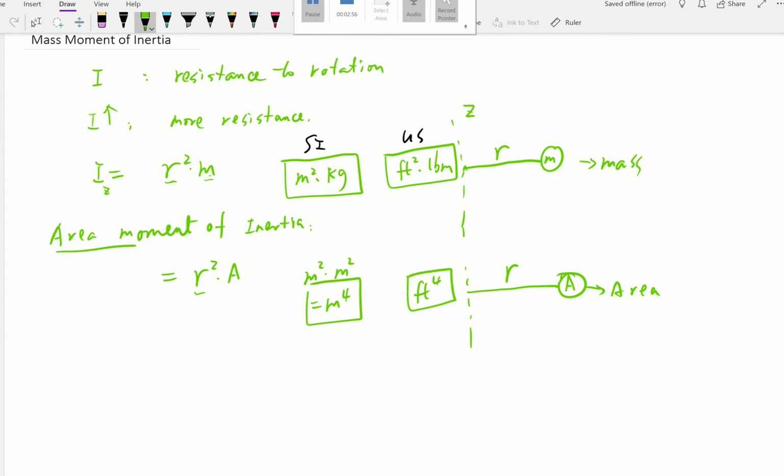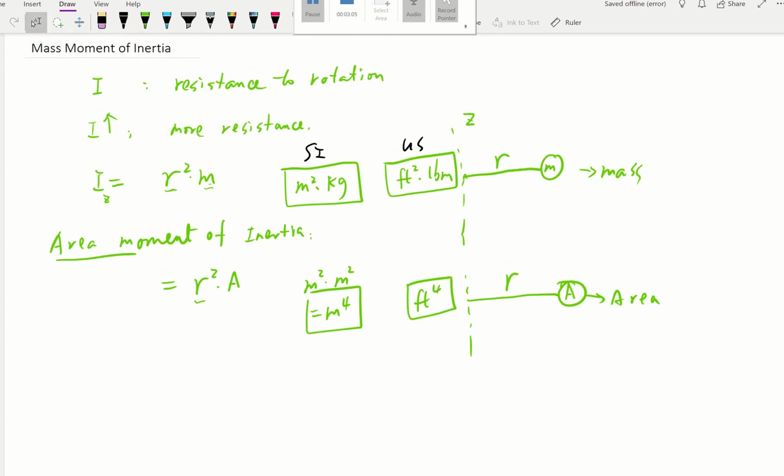Okay, so they both describe resistance to rotation, and now let's take a look at this. In reality, what do you want? You want more resistance to rotation in some cases. For example, in structural engineering, if you have a beam, you want more resistance to bending. It depends on the situation.